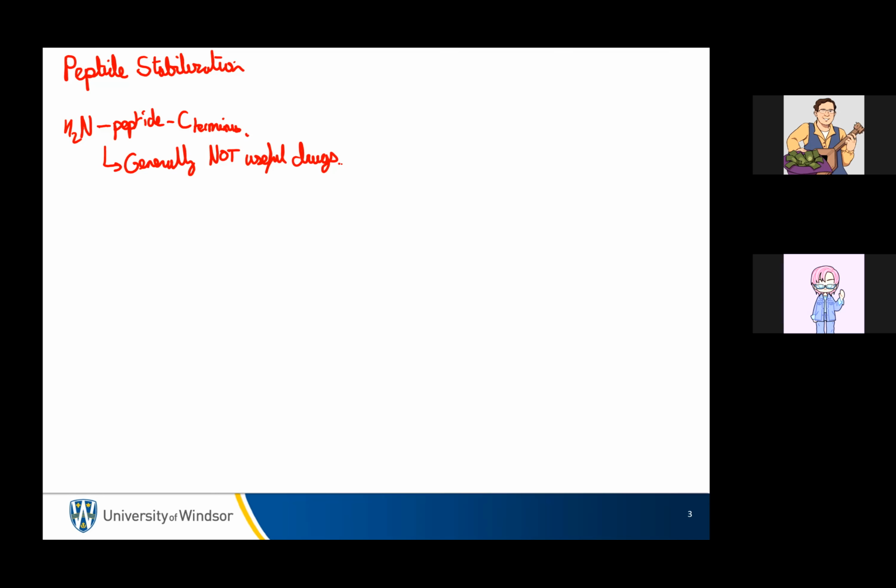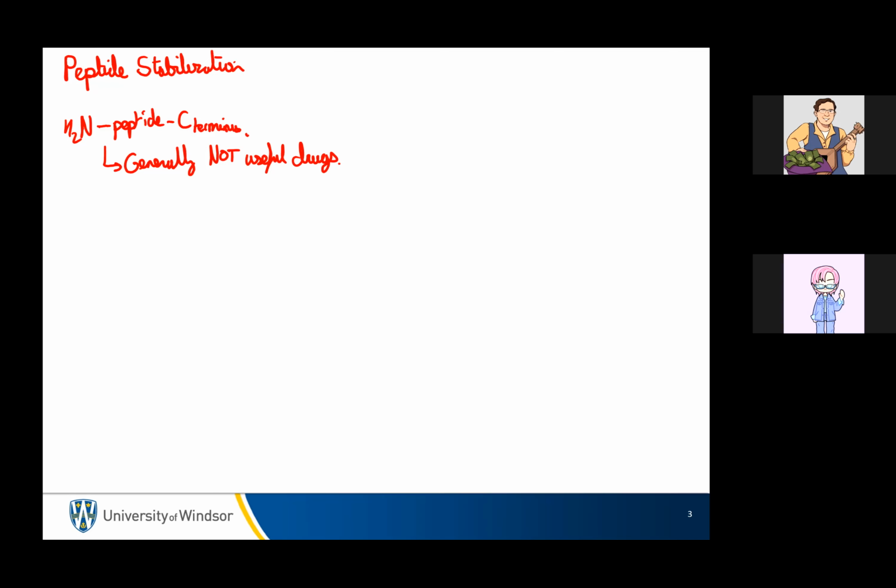Any idea why those are pretty poor drugs generally? Not selective enough? No, normally they're really, really selective. Most peptides are ridiculously selective. That's what I'm thinking, but what does a drug need to be able to do? Let's think about that as a general concept.